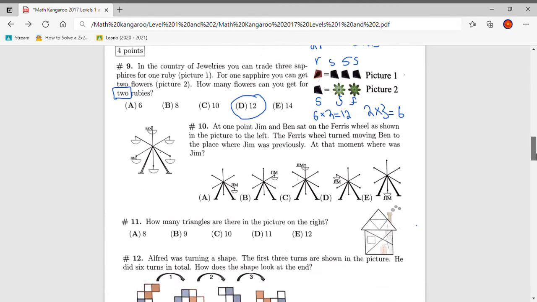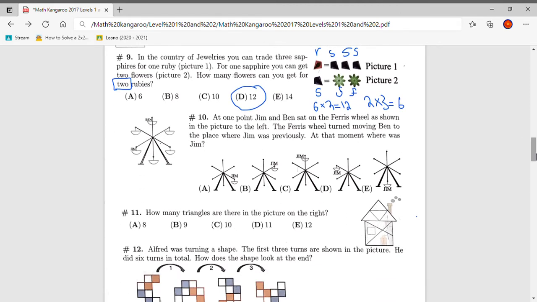Number 10. At one point, Jim and Ben sat on the Ferris wheel as shown in the picture to the left. The Ferris wheel turned, moving Ben to the place where Jim was previously. At that moment, where was Jim? So, Ben moved over here.